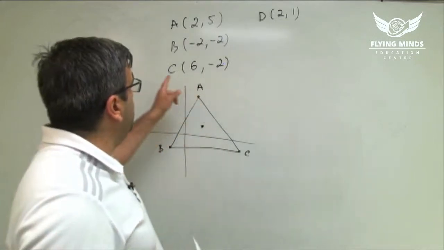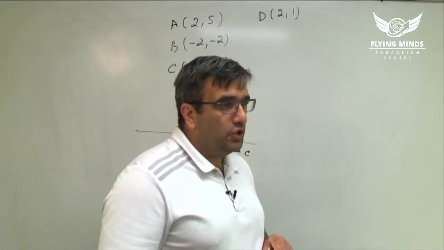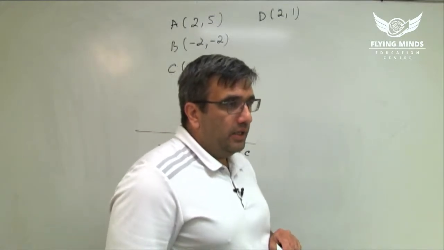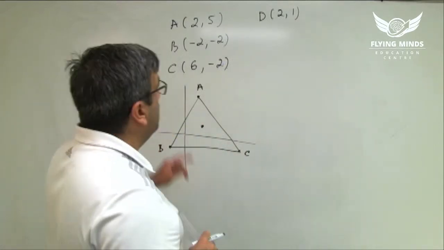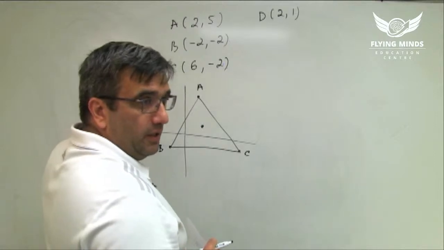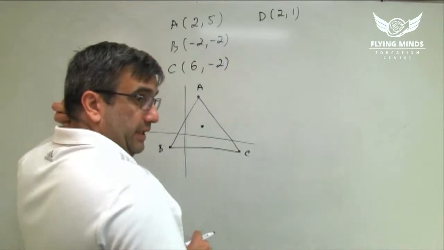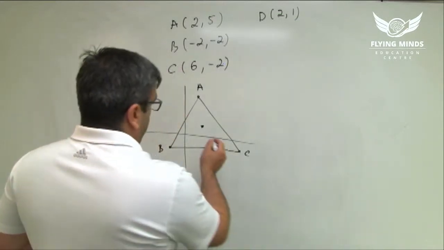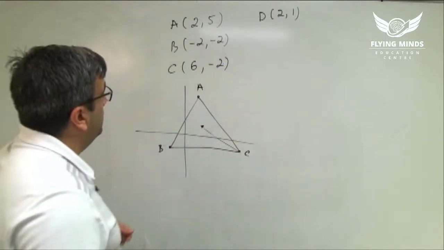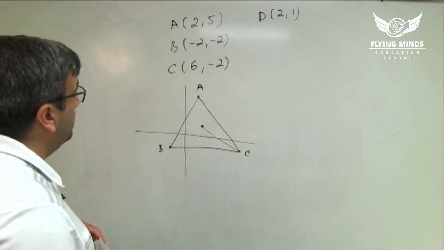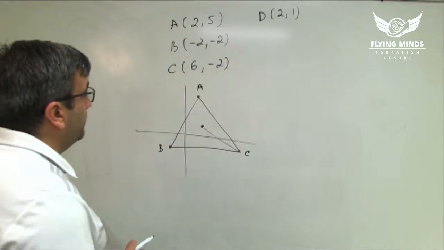Okay, so from D to C, right? So we have to do, so it will be 4, 3, right? So first, what we can do, right?